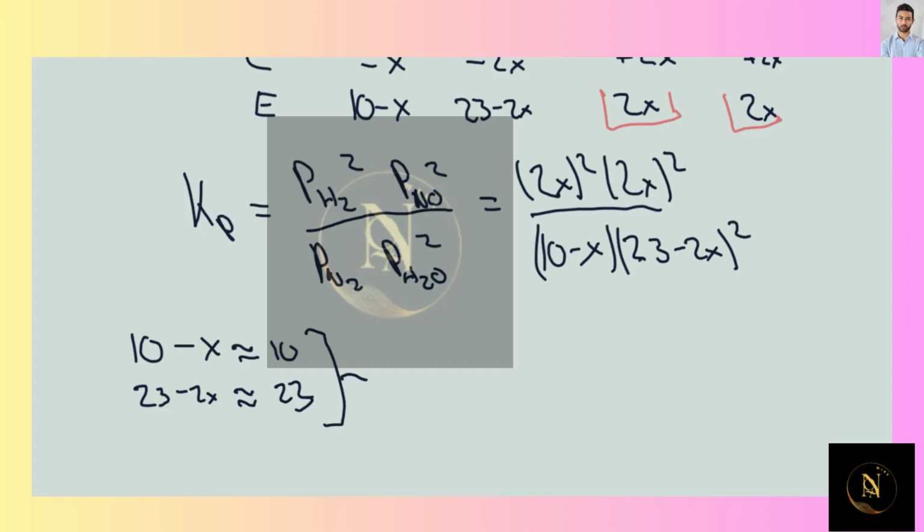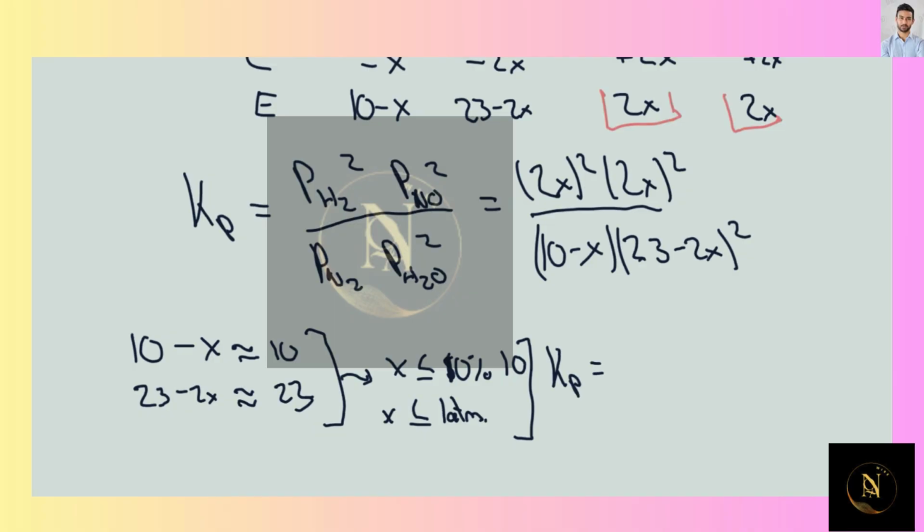This condition is going to be satisfied as long as x is lower than or equal to 10% of 10. So as long as x is lower than or equal to 1 atmosphere, this approximation is valid. Otherwise, you're going to need to solve the full equation for x.